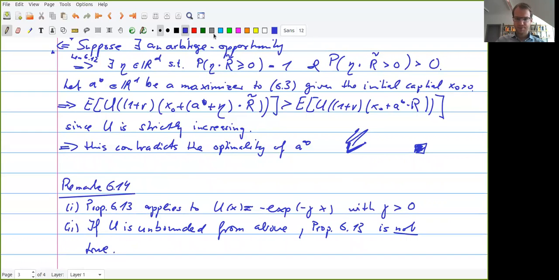And well, this is what you're invited to study on the problem sheet. All right, so making the assumption that the utility function u is bounded from above, it's not laziness, it's a necessary assumption. Okay.